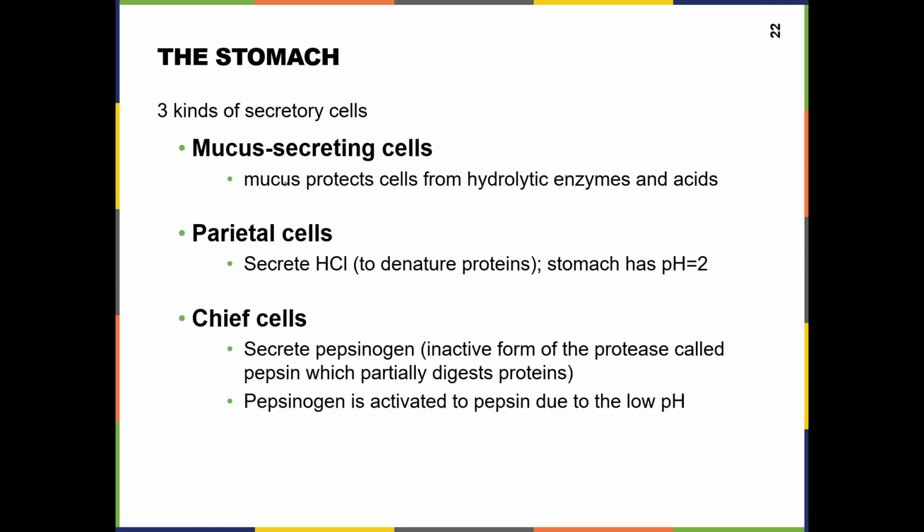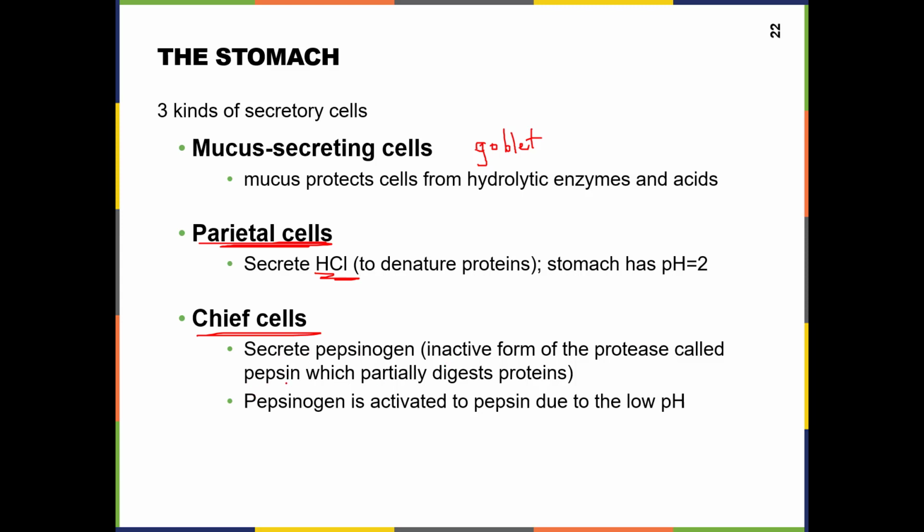So the secretions of the stomach are mucus. The mucus secreting cells are sometimes called goblet cells. The parietal cells make the hydrochloric acid, and the chief cells secrete something called pepsinogen, which is an inactive form of pepsin.